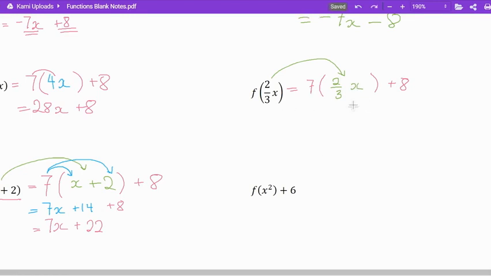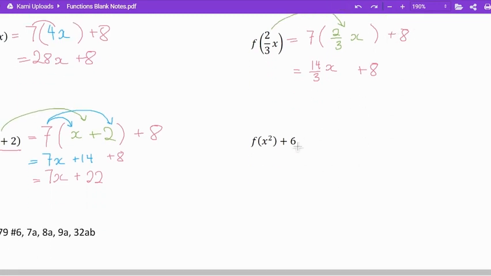But I know by this point that the 7 is just multiplied into the numerator. So I get 14x over 3 plus 8. Some people might think, oh, should I multiply the 7 and the 8? No, because the 7 is multiplying the bracket and then we're adding 8. Okay, we have a binomial. We can't simplify further.